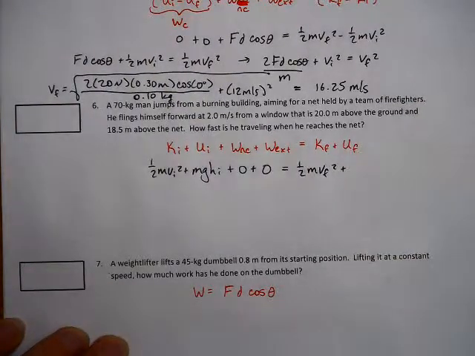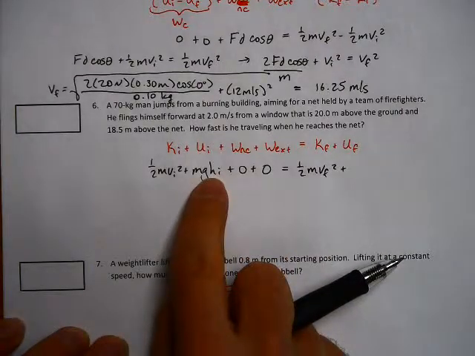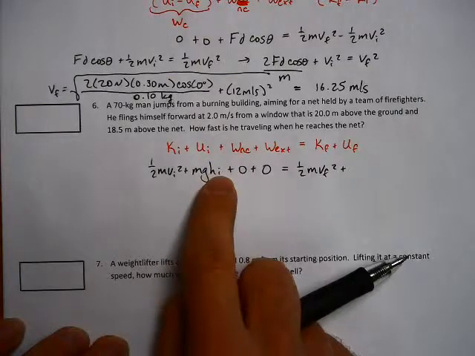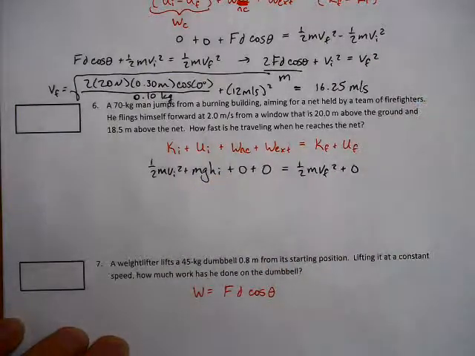And whether or not he ends up with gravitational potential energy depends on where we set our zero height. If we set our zero height at the net, then this becomes 18.5. If we set our zero height at the ground, then this becomes 20. So let's set our zero height at the net. Now hi is 18.5, hf is 0, this becomes 0.